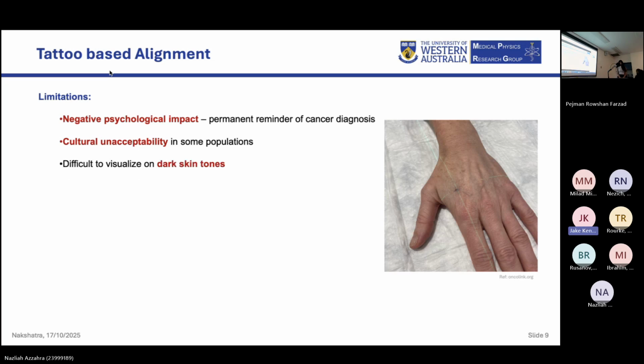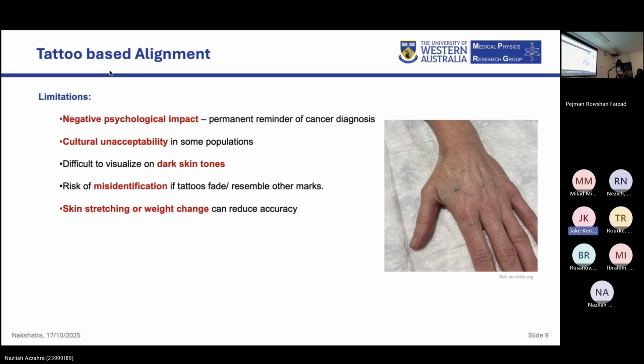Tattoos can be harder to visualize on darker skin tones, and there are risks of misidentification, as they can resemble other marks or moles. Skin stretching or weight changes can reduce accuracy, especially in breast cancer. And permanent tattoos are done with needle and ink, which can cause pain, irritation, allergic reactions, or infections.